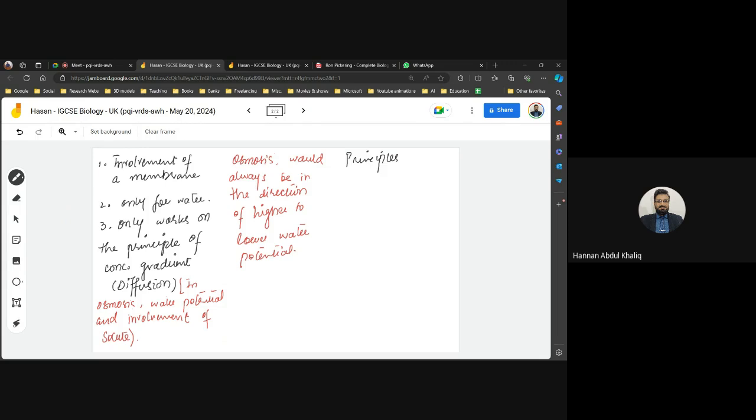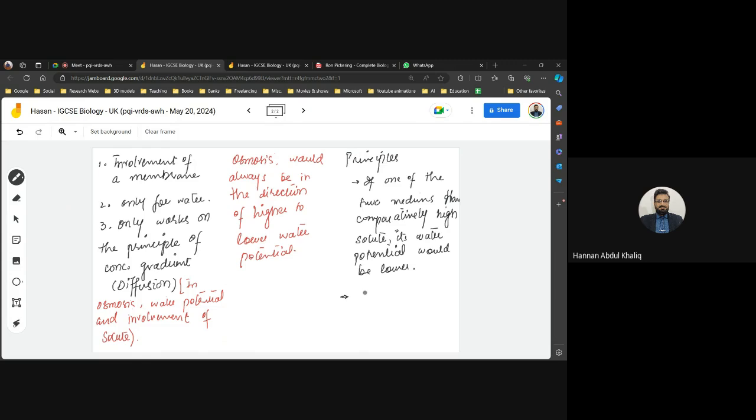Number one, if one of the two mediums has comparatively high solute, its water potential would be lower.